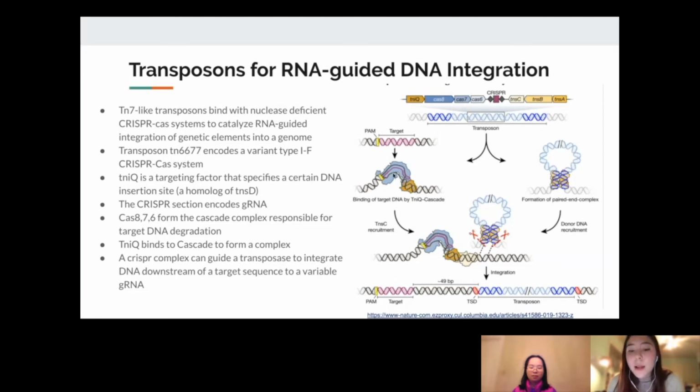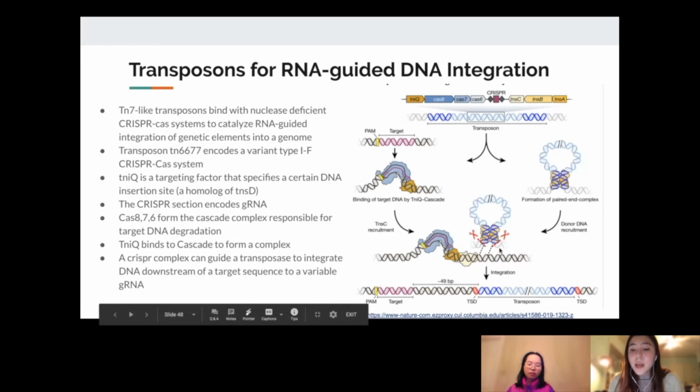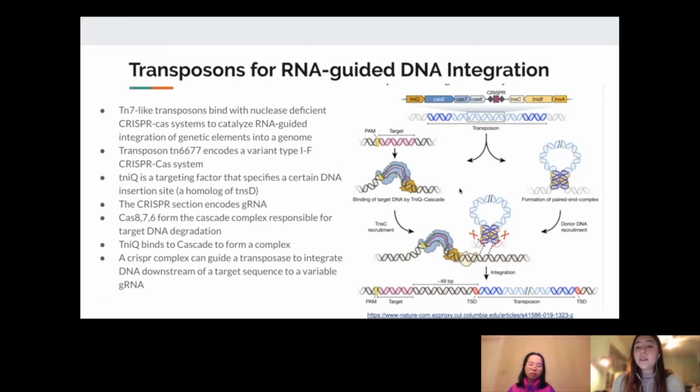Then this complex recruits TNSC in order to be able to use its ATPase, and then TNS A and B are used for integration. One of the most important things to note here is that integration of the transposon happens about 49 base pairs after the target sequence. This shows that this is actually targeting the correct target sequence, and that it has some kind of specific aim.